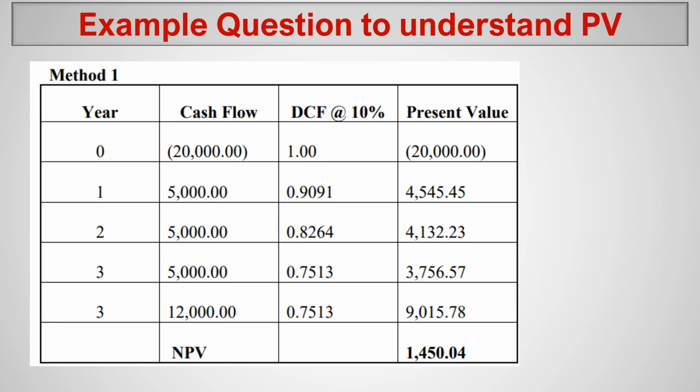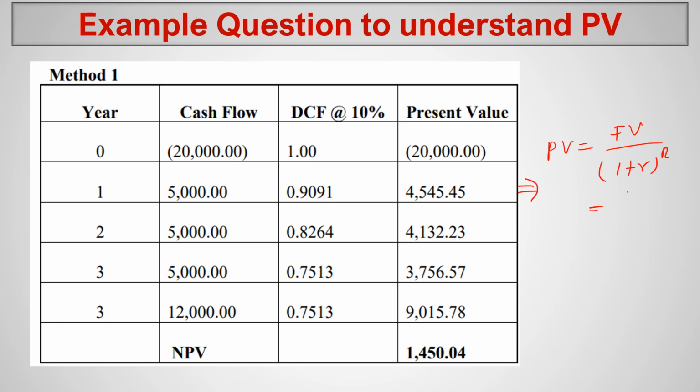So here they did it in a table format, but it's the same understanding. We are applying present value equals future value divided by 1 plus r to the power n. For the first case, I'm just going to explain this present value.